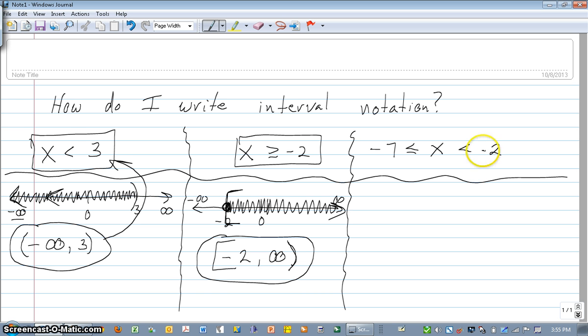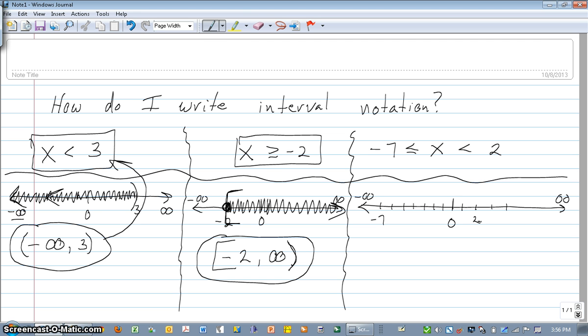So let's do this last one over here relatively quickly so my video doesn't get too long. Again, we've got the negative infinity and infinity on the left and right. You don't have to write that. I'm just trying to emphasize that those are the numbers out there. So -7 over here and 2 right there.